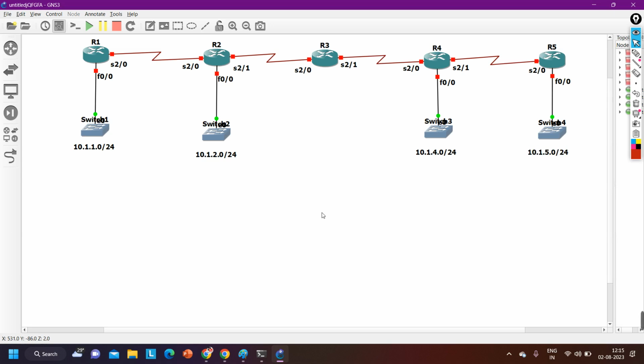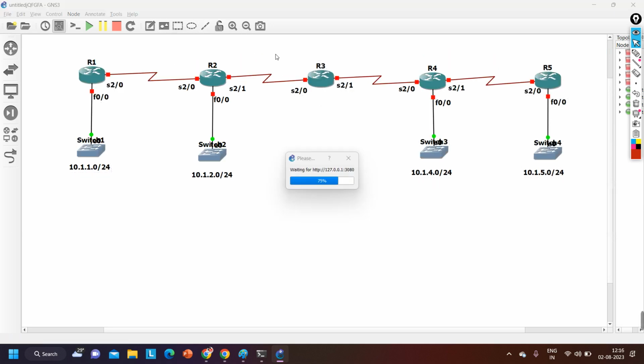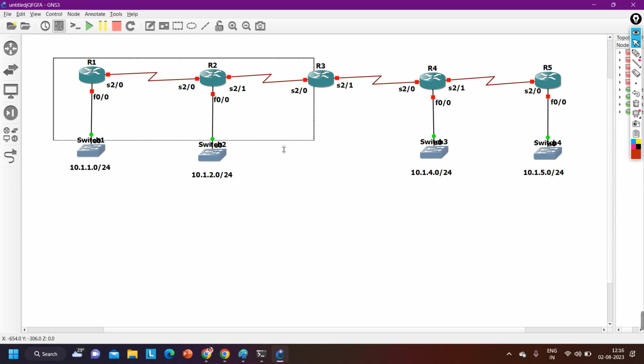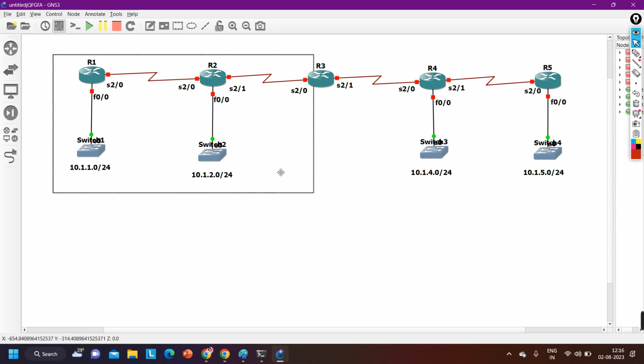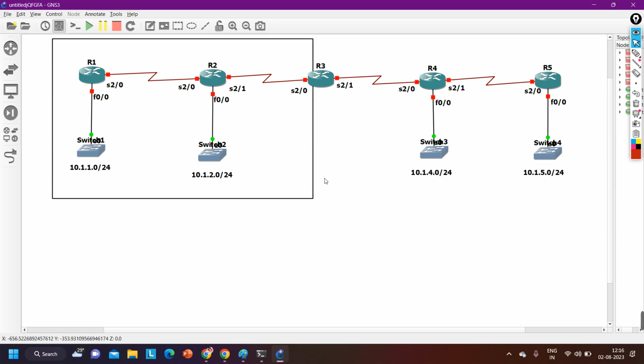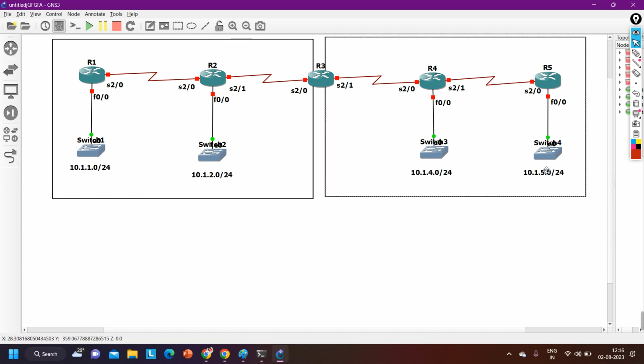Okay, after that, let's say this is area 0, and this is a different area, let's say area 1.